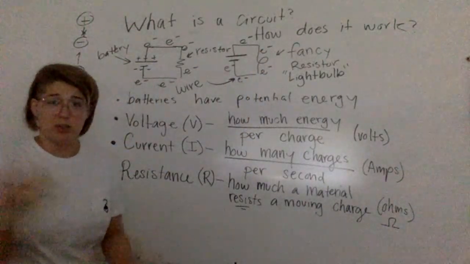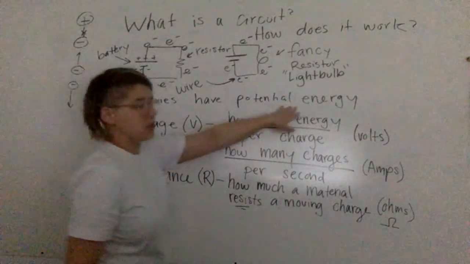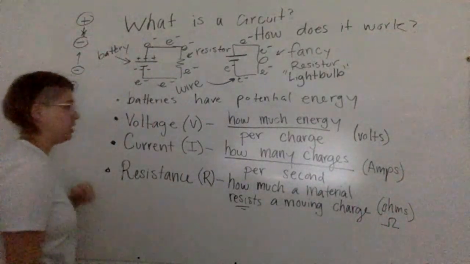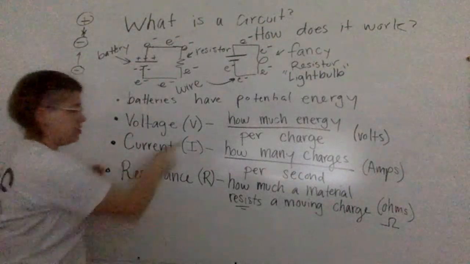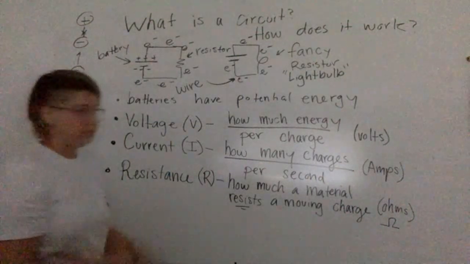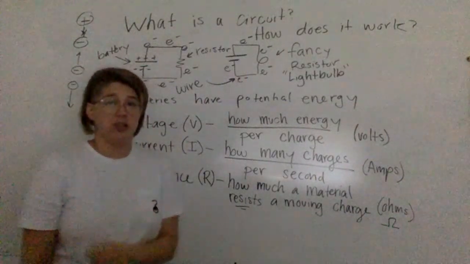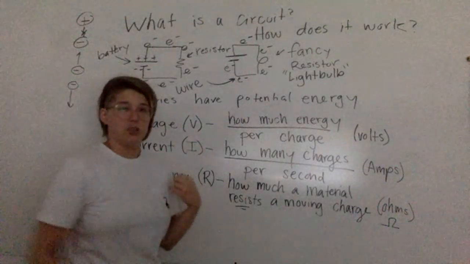So let's quickly go over some definitions. The purpose of the battery is that it's the source of all of your energy. All of your potential energy is in that battery. Then we have voltage, written with a capital V. Voltage is how much energy there is per charge. Per unit of charge, there is some amount of energy associated with it.